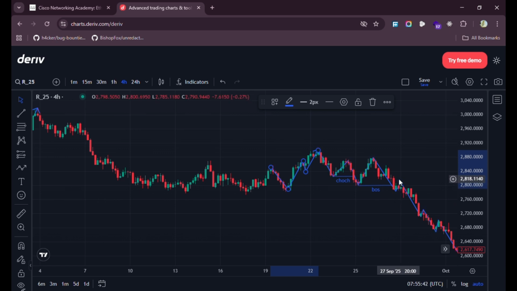Now your entry will be on the retracement. At this point the market did retrace, and that's where your entry will be, your sell entry or your buy entry if it's in an upward direction. Now after seeing the break of structure, you go to lower time frames such as 15 minutes or 5 minutes.